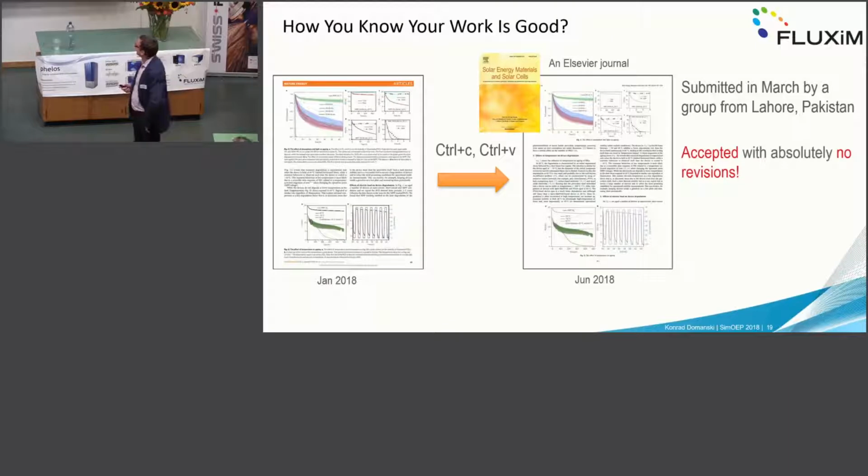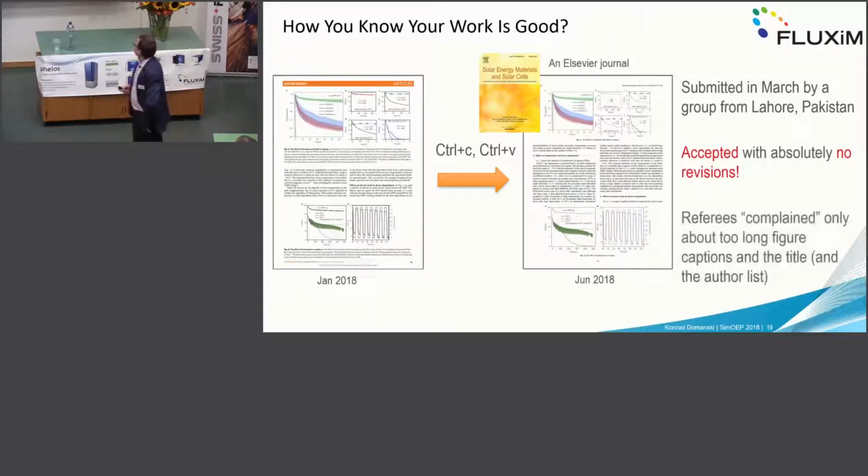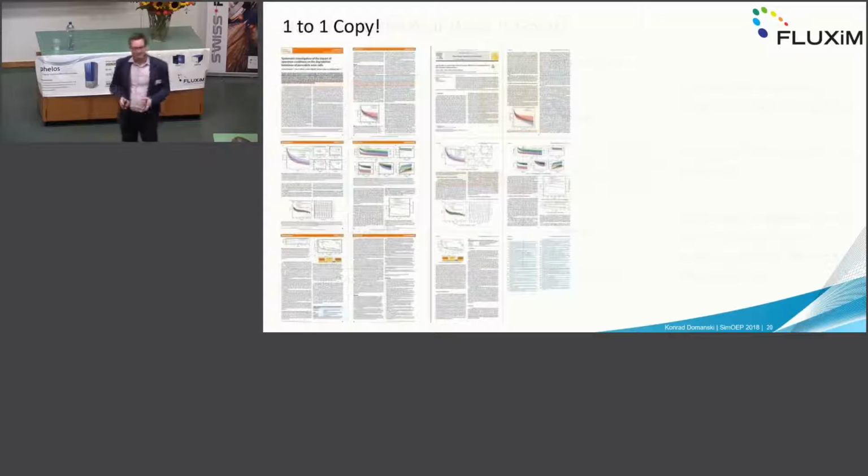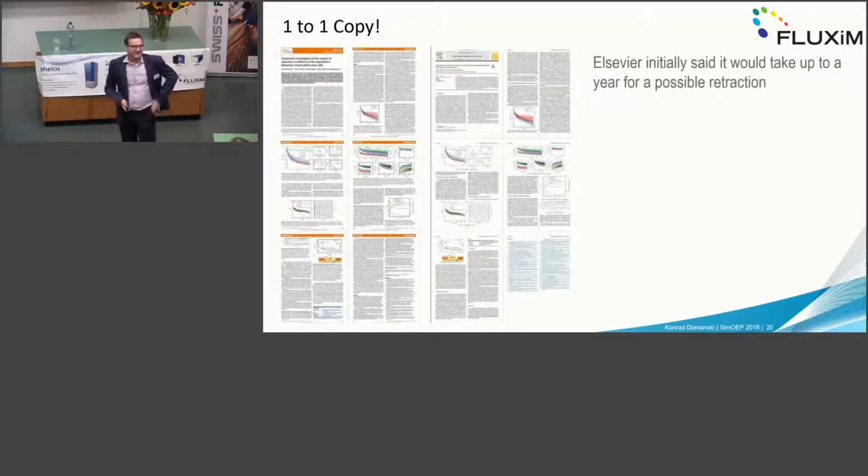I don't know how it can happen, but a group from Pakistan, from Lahore University of Technology, managed to submit our paper and copy it one-to-one in this journal. The only thing they changed was the title, author list, and the figure captions. Otherwise, there was no revision at all.